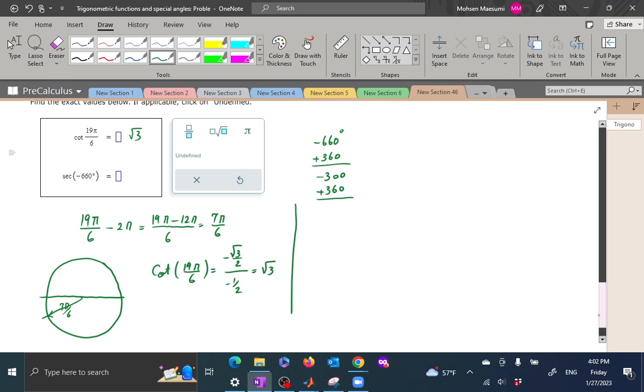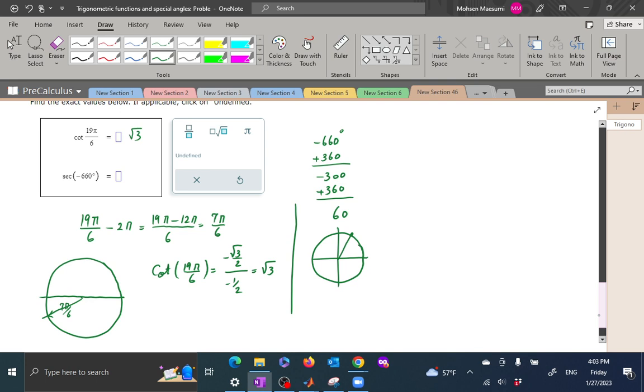So here we went around the circle twice and added an additional 60 degrees. So we are at the location of 60 degrees.